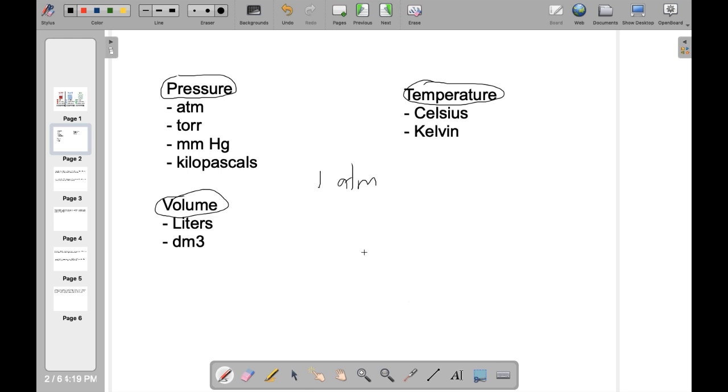We don't think about it, but we actually have pressure pressing on us all the time because of all of the molecules in the atmosphere around us. If you go to Mars, the atmosphere is thinner there, so the pressure would be different. If I go up a mountain, the pressure will go down because the atmosphere is thinner up here. If I go to the bottom of the ocean, the pressure will increase because there's more pressure down there.